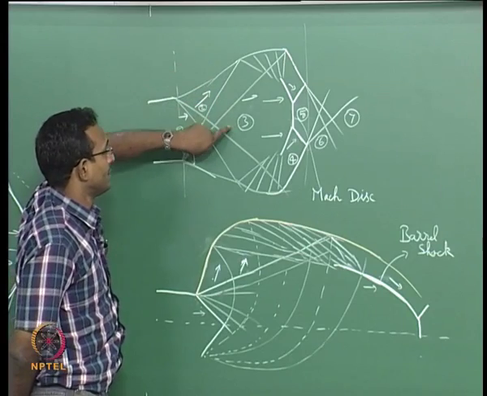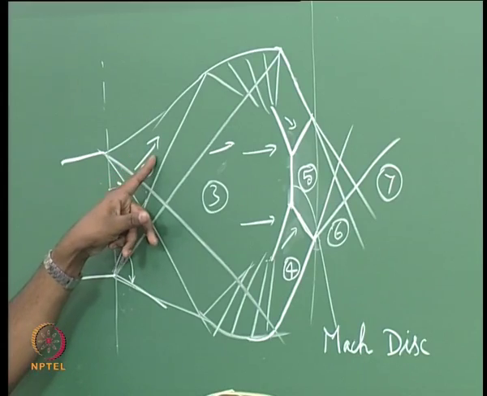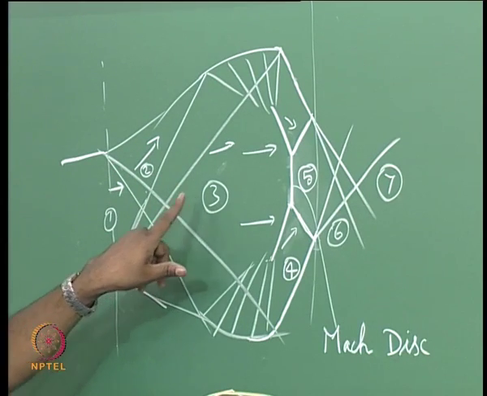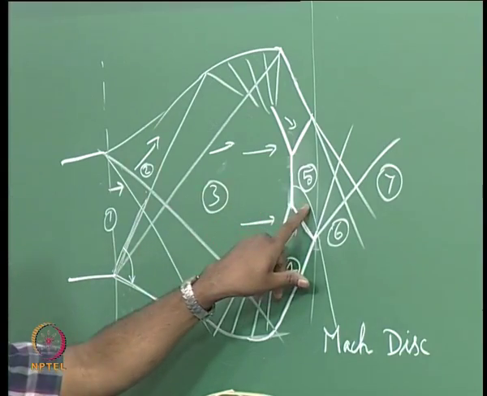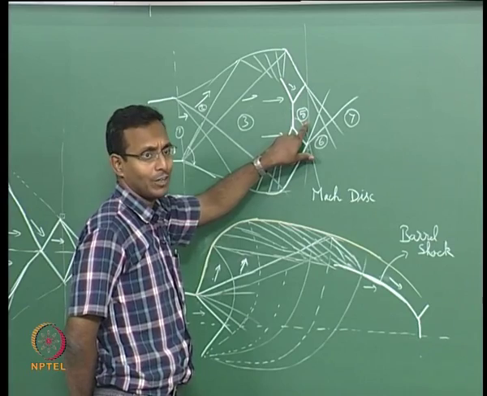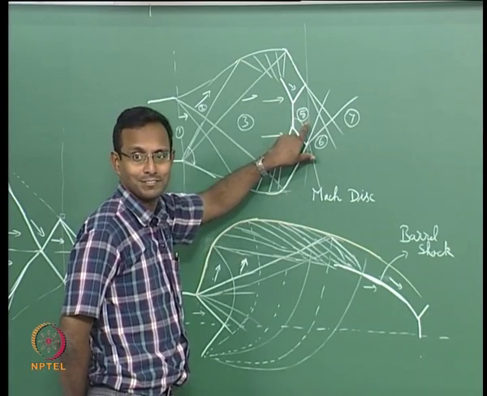After that, region 3, it has expanded from atmospheric pressure across the expansion fan. This pressure is lower, and then as I go more, there is a shock and it goes to higher than atmospheric pressure. How do I know that it is higher than atmospheric pressure?